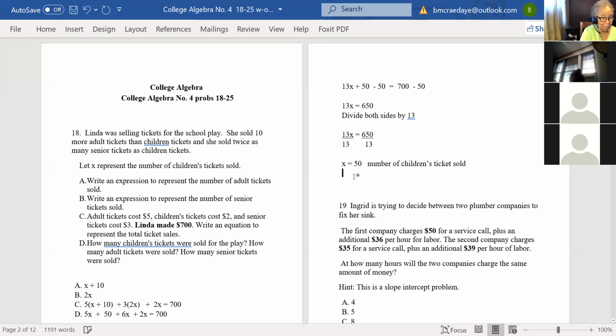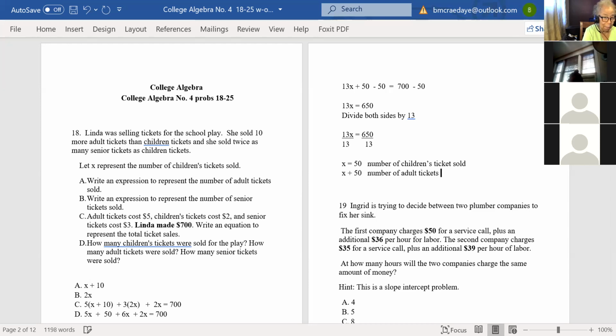Remember we defined this back over here in A. No, right here, A. x plus 10, number of adult tickets, right? So that's the number of adult tickets sold.